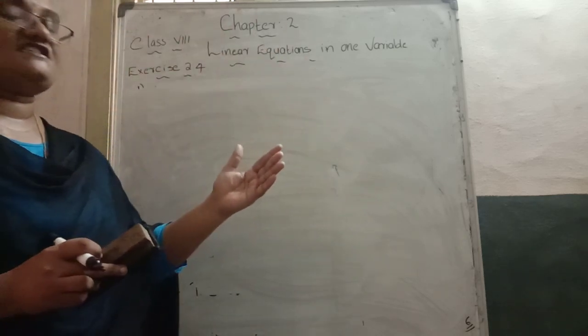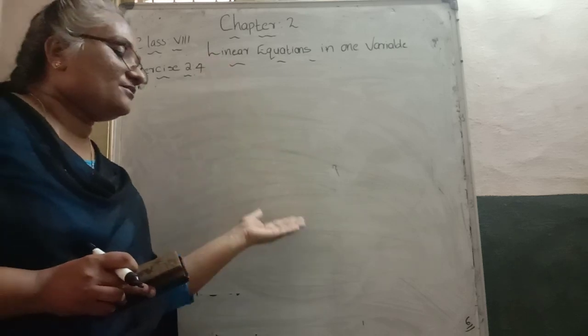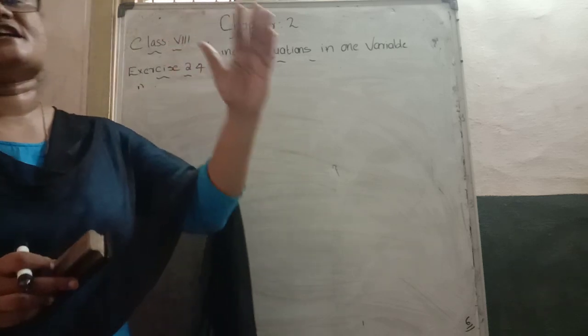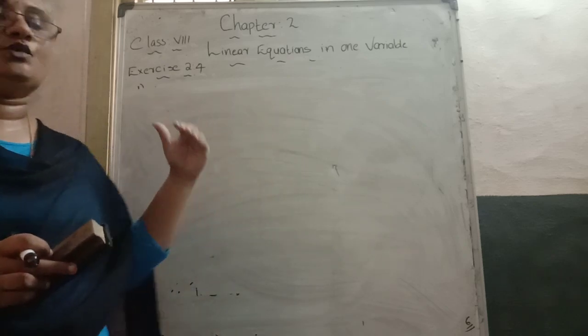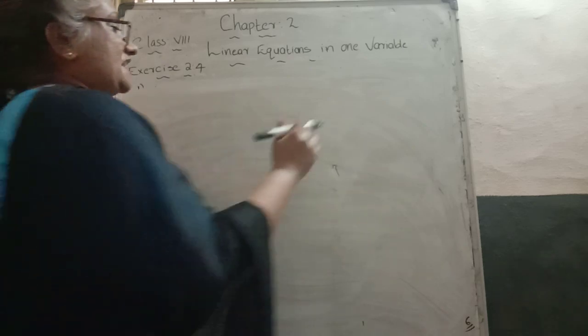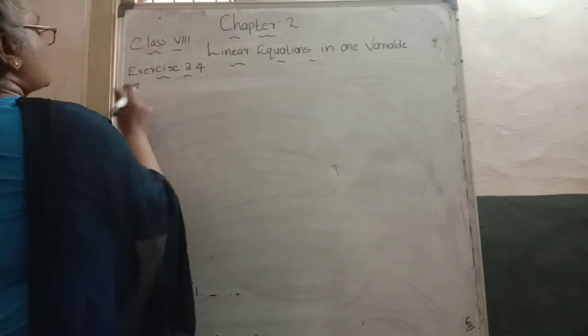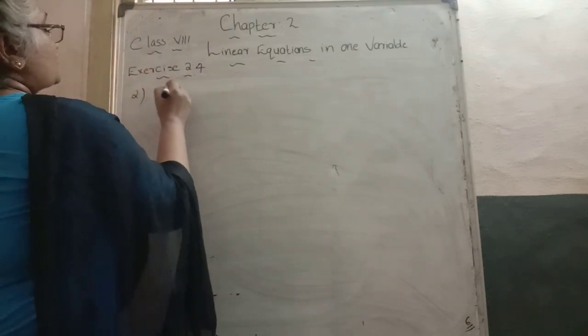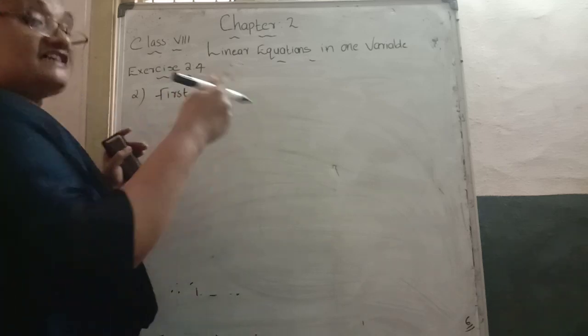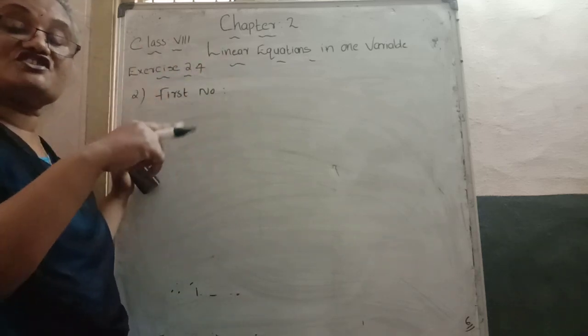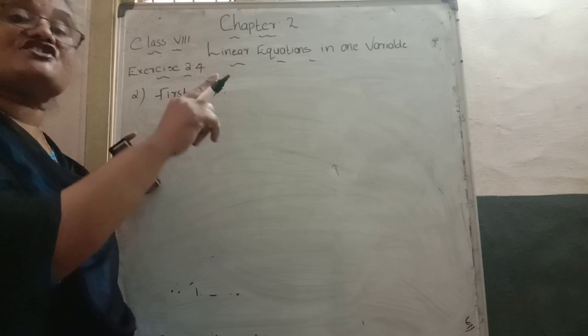Then afterwards they say the first number is also added with 21 and the second number is also added with 21, and we get new numbers. We don't know the first number. They say a positive number is 5 times the other number.